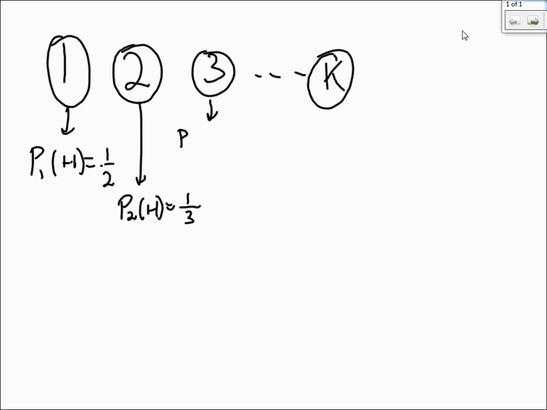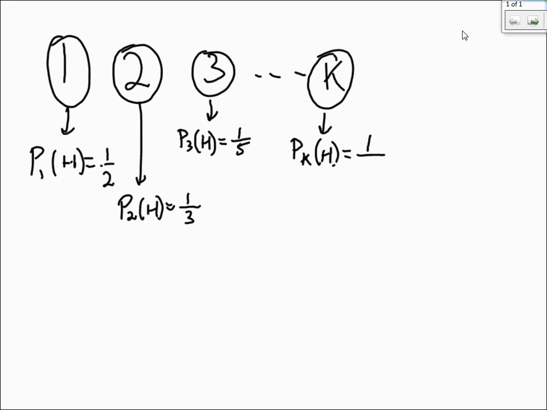And likewise, the probability that the third coin, when tossed, comes up heads will be 1 over 5, 5 being the third prime number.